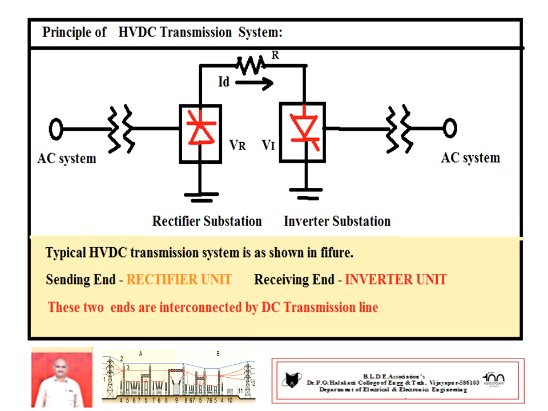The inverter substation receives the DC voltage and converts it into AC voltage. Then through the distribution AC transformer, the AC power is distributed.